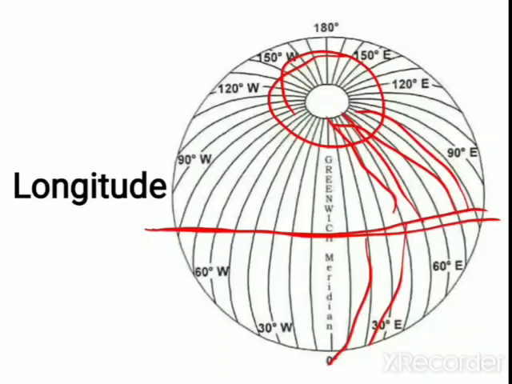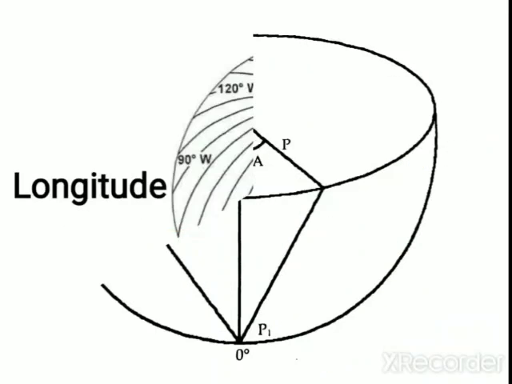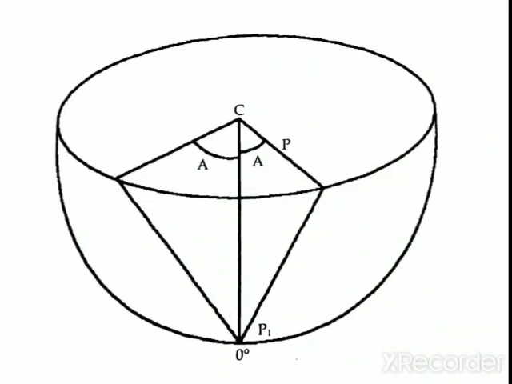All the longitudes intersect the equator and other latitudes. The intersecting point of these latitudes and the longitudes gives us the accurate location of a place, whether it is located in the north or south of the equator, east or west of the prime meridian.